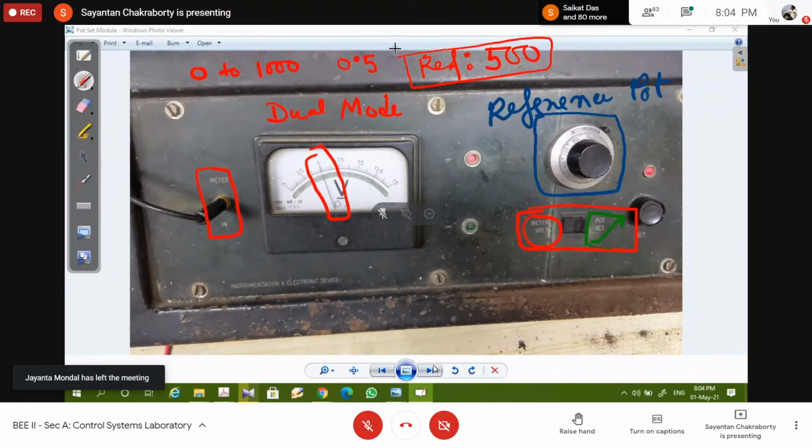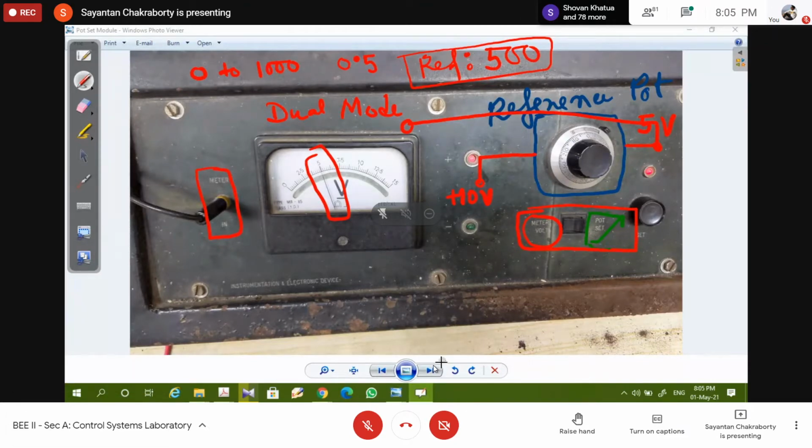If you put the reference port at 500, this reference port is already connected to a plus 10 volt input. So what will the output of the reference port be? 5 volt, right? Since the reference port setting is 0.5. So this 5 volt will appear across a terminal here, the red terminal.